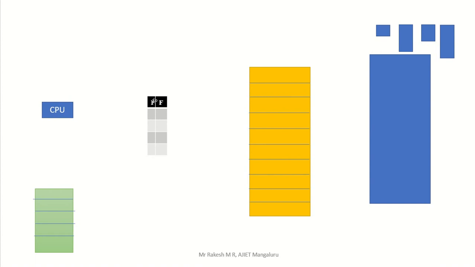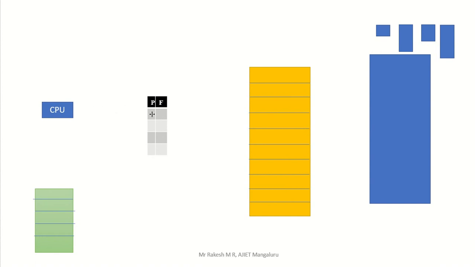The page table contains one column for page number and another column for frame number. Frame number is related to main memory, and page number is related to your process. When the CPU needs a particular page, it requests that page, and that demand is sent to the page table.